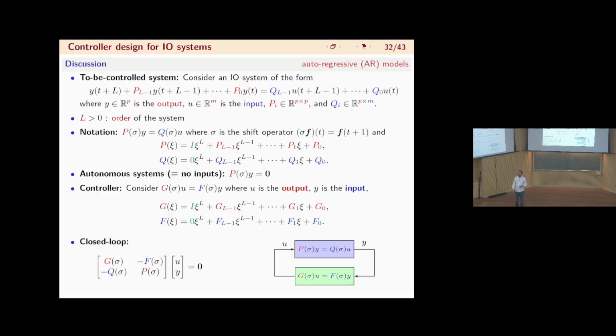And the question now is, given P and Q, that's the system, find G and F such that this autonomous system is stable. And I do know how to assess stability of an autonomous system. Agree?